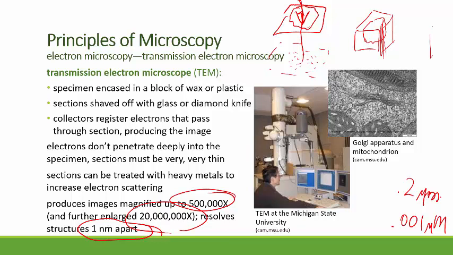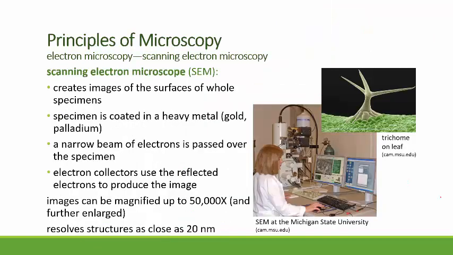So that's transmission electron microscope, where we're sending the electrons through the thin slice of the material that we want to look at. There's also scanning electron microscopy, and here, rather than transmitting the electrons through, we're trying to get a sense of what the surface of a specimen looks like.